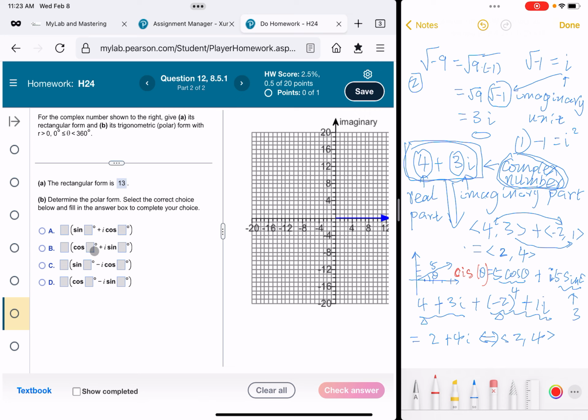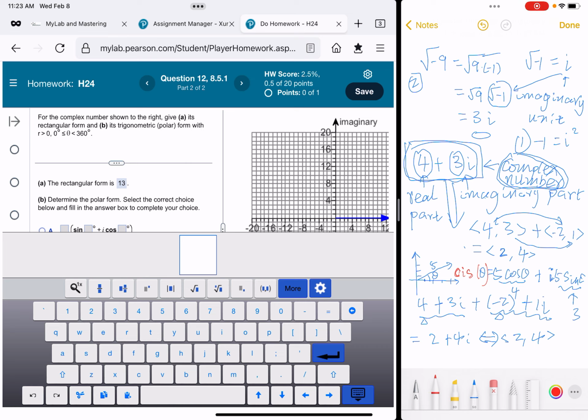So cis, not CSI. Here then you want to put your radius, which is 13. And then you input 0 and another 0.